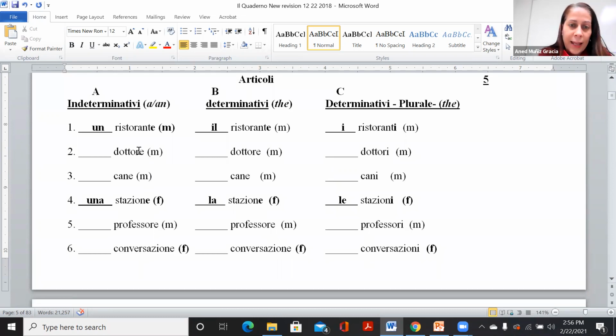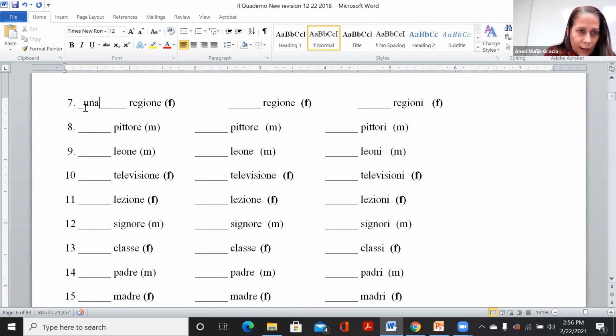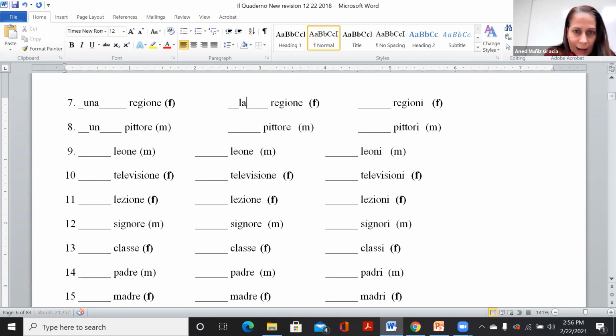these are nouns that end in e in their singular form. How do we know the gender? Well, in the beginning, we tell you, right? M or F, masculine or feminine. So you still have either una or un. And then la or il, le or i.